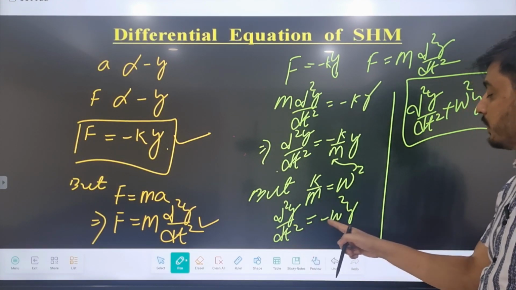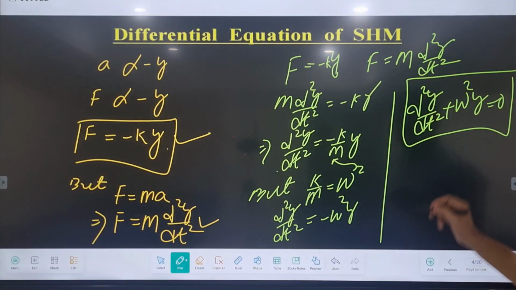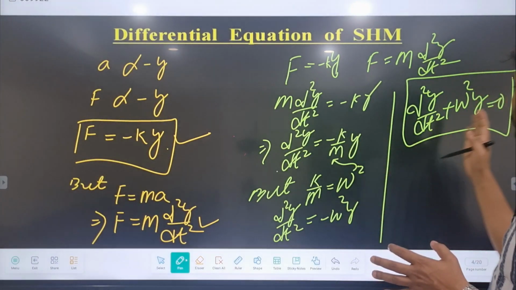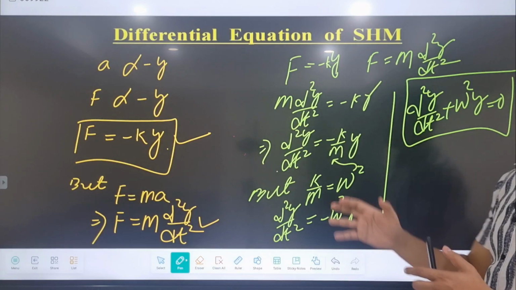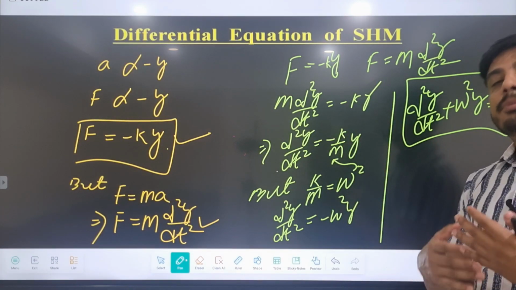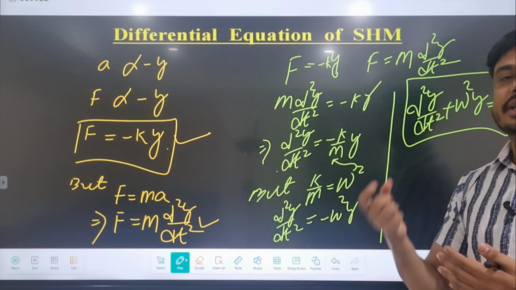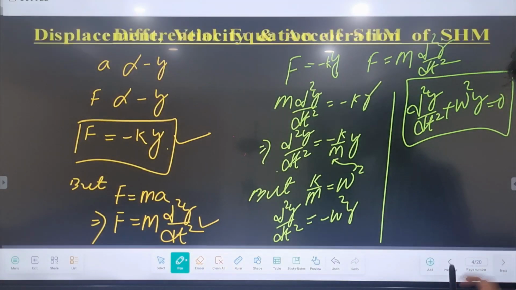So d square y by dt square equal to minus omega square y, and we can take that to the other side, so it will be positive. So d square y by dt square plus omega square y equal to 0 is the differential equation of simple harmonic motion. Next we will calculate the expression for velocity, expression for displacement, expression for acceleration.